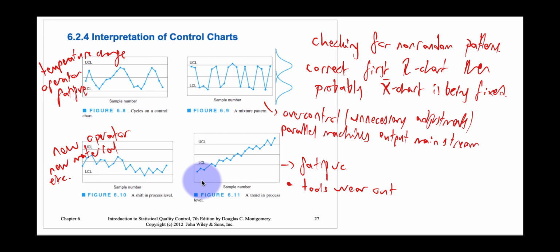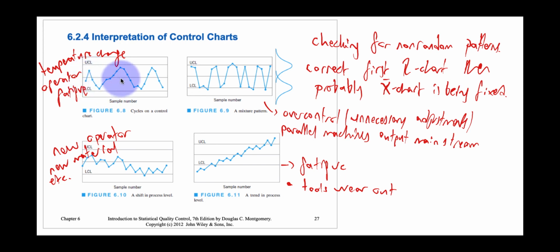We said that even if we do not have any out of control point, maybe we cannot say that the process is in control, because maybe there are some non-random patterns we need to identify. These non-random patterns occur because of some assignable causes, so we need to eliminate these assignable causes. I'm going to give some examples of non-random patterns we can have in control charts. The first one is cycles.